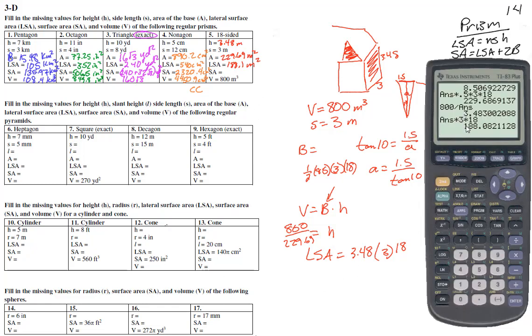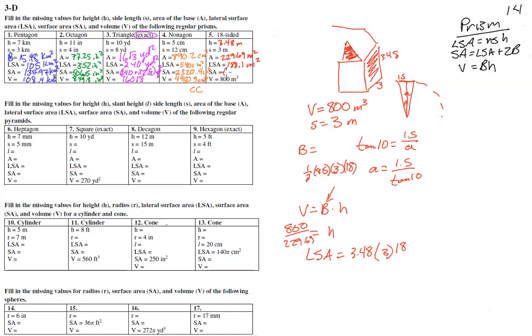All right, so now to get the whole surface area, we're going to take that plus 2 times the base, because we have a base on the top and a base on the bottom if we want to find all the area on the outside. So that's plus 2 times our base area was 229.69. And that gives us 647.5, and that's in meters squared. Oh, look, we did that going backwards.